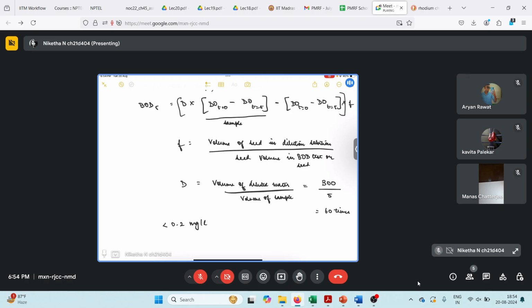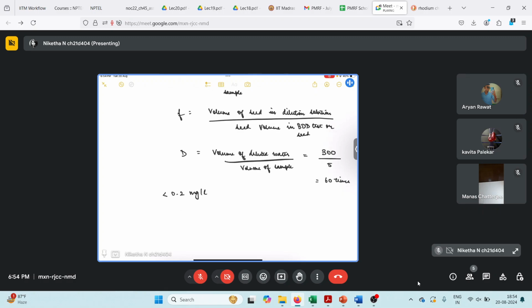Sorry. It means that the difference between the initial DO and the final DO is only 0.2 or lesser. It means that the bacteria has not fully oxidized your contaminant, and therefore it will need more oxygen. So this signifies less oxygen availability.